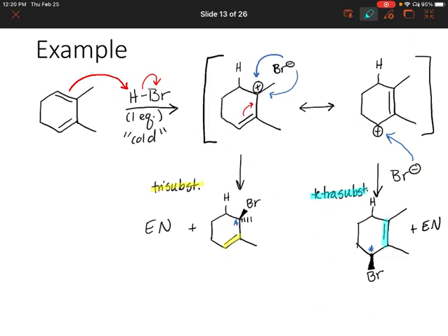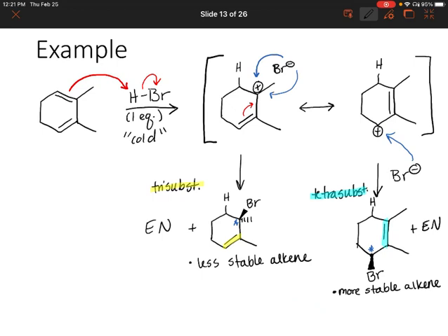The yellow double bond or the blue double bond? The blue double bond, because it's more substituted. So we'll write that that is the more stable alkene. The other double bond is the less stable alkene.